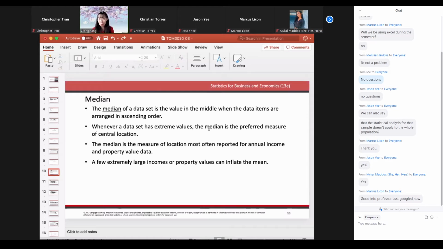And that is why, when you Google it, most of the reports give the median, not the mean. Because in almost every neighborhood and city, you have one or two millionaires or even billionaires that skew your mean. And when it's skewed, it's just not a good representation of the majority of people living in that area.